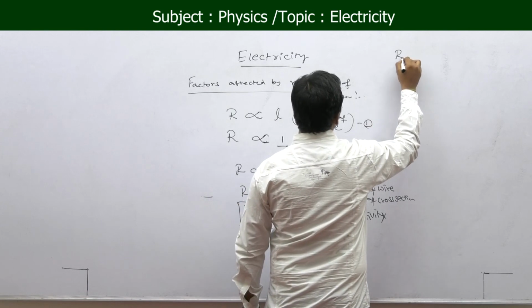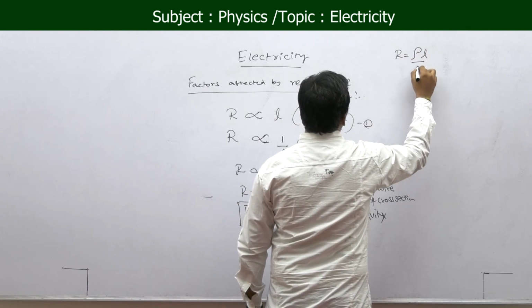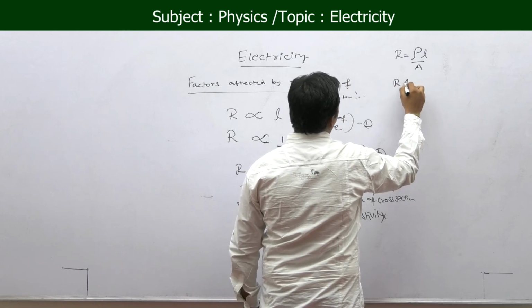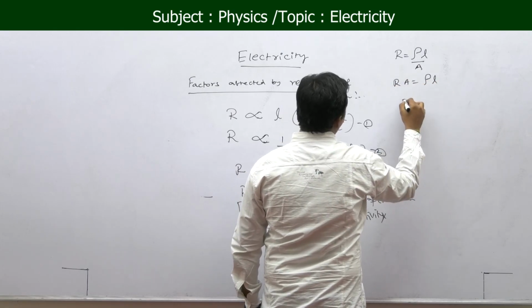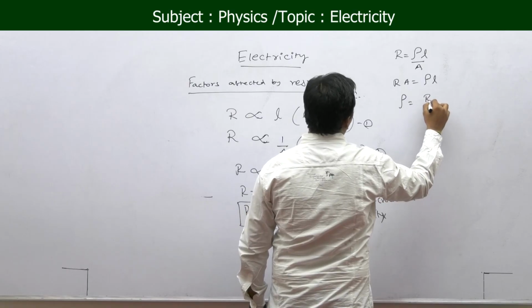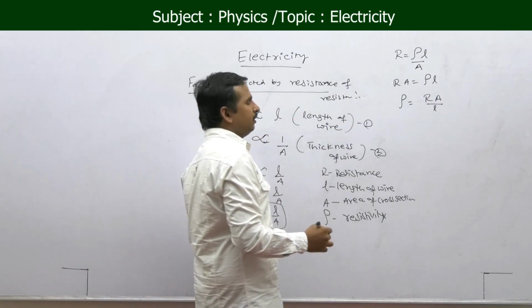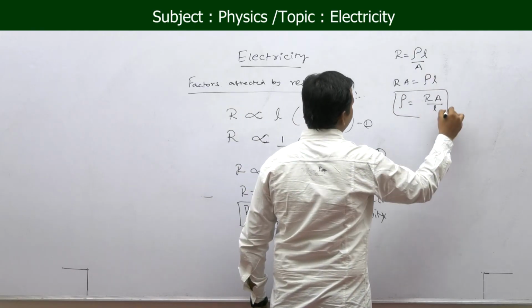As we got R is equal to rho L by A, from this you can write R into A is equal to rho into L, then rho is equal to RA by L. This is the formula for resistivity.